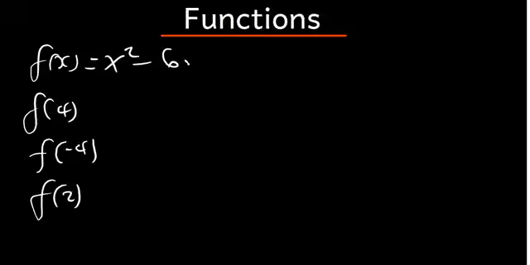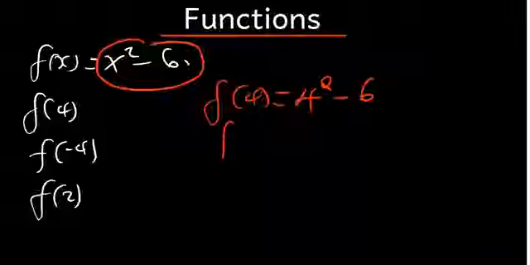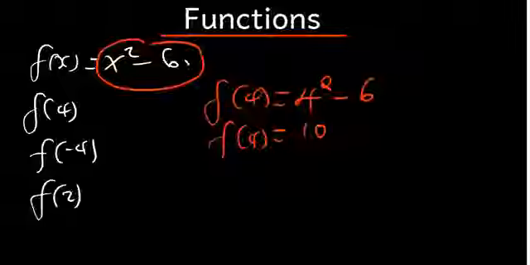So f of 4 is going to be equal to, in this function where there is x, I need to replace it with 4. But x is squared, so it's going to be 4 squared minus 6. Then 4 squared is 16, and 16 minus 6 gives us 10, meaning this is the answer.